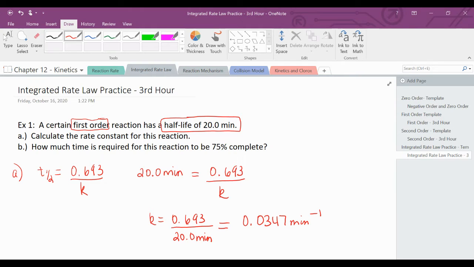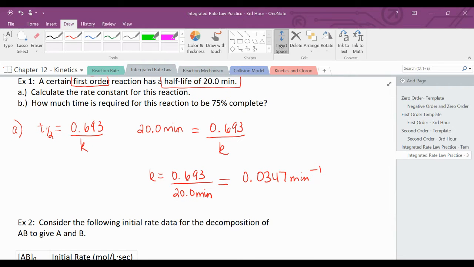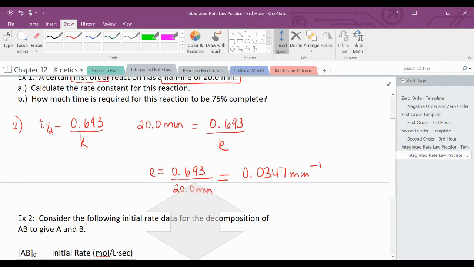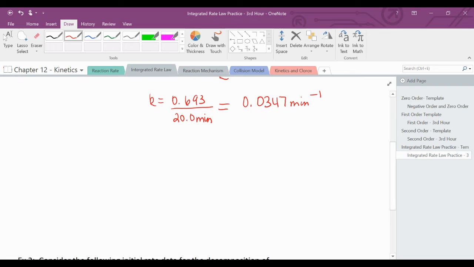My answer to B, so again, we're going to use the first order equation. And in this case, there's no mention of half-life, so it's just talking time. So we're going to have to be using that integrated rate law equation. All right, so let me write the integrated rate law equation for the first order.